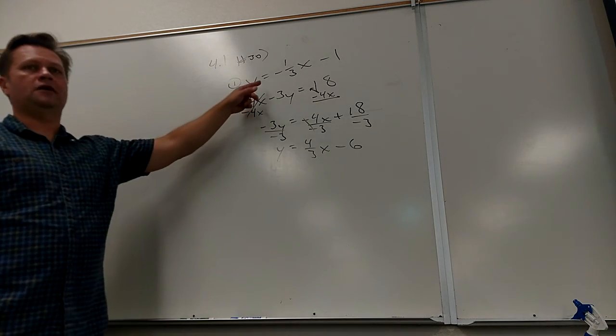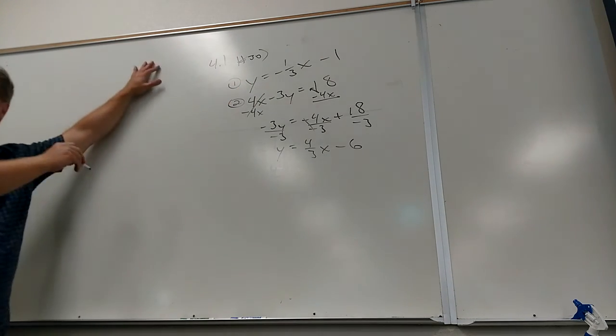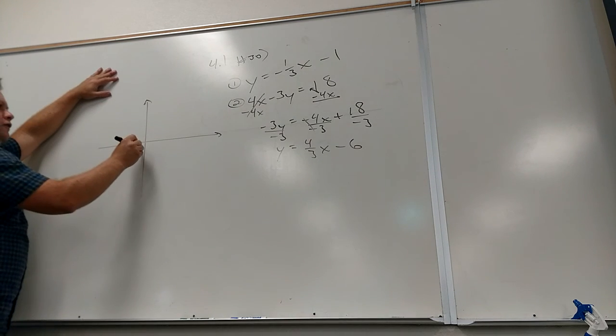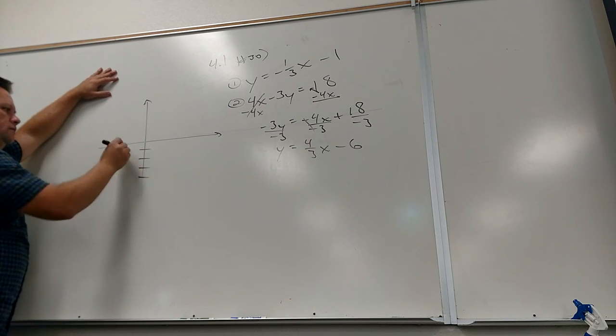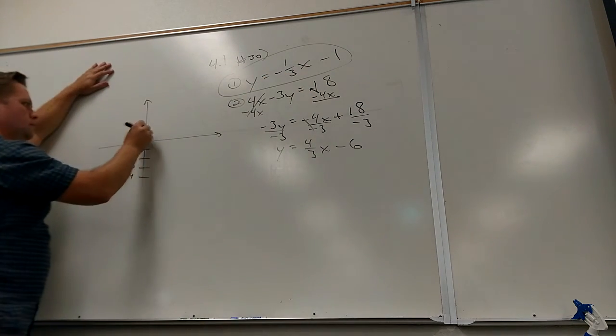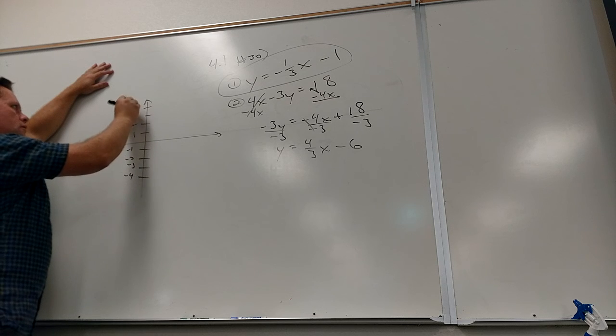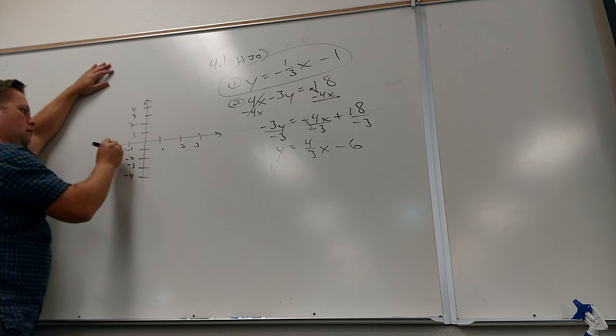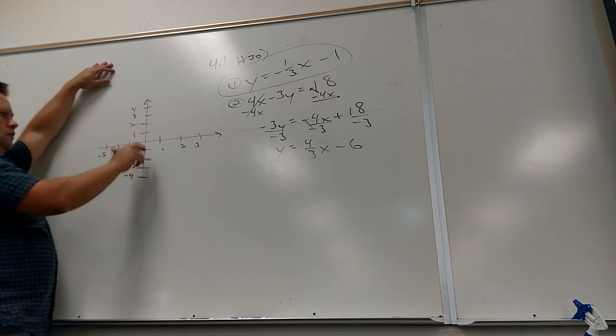Now you graph them. What's the question about them? If I graph the first one, what do you know about the first one? The y-intercept is -1. And where do you go from there? Down 1, so -1.